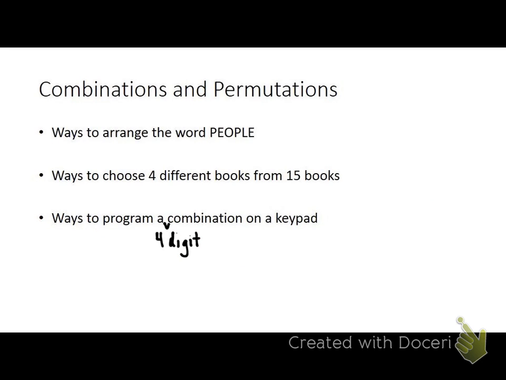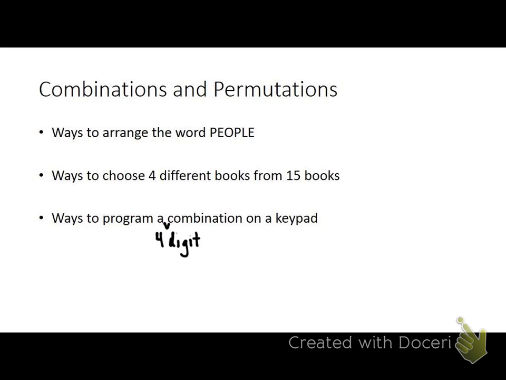All right, so here I have ways to arrange the word people, ways to choose 4 different books from 15 books, and ways to program a 4-digit combination on a keypad. So you figure out what the total number of ways would be. 1 is a factorial, 1 is a permutation, 1's a combination. You have to figure out which one is which.